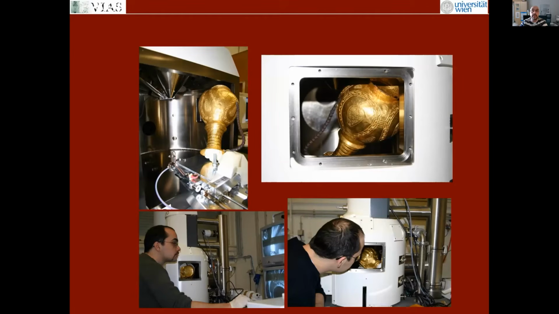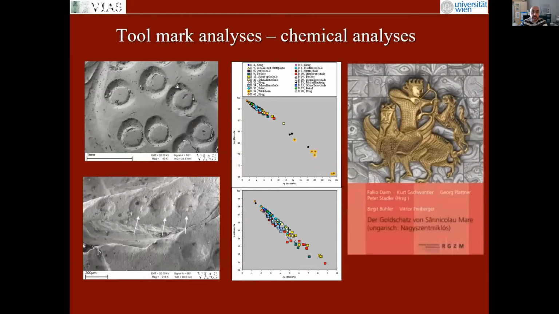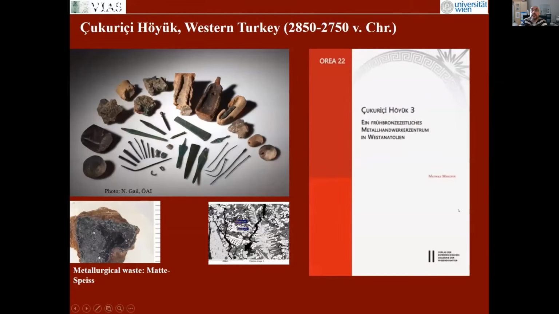You can estimate that you can also bring in, for example, a human skull to analyze the bones or whatsoever. These analyses resulted in toolmark analysis, documenting toolmarks, and chemical analysis. With this, we were able to define certain groups. And this was then already published in a very nice book by Falko Daim.